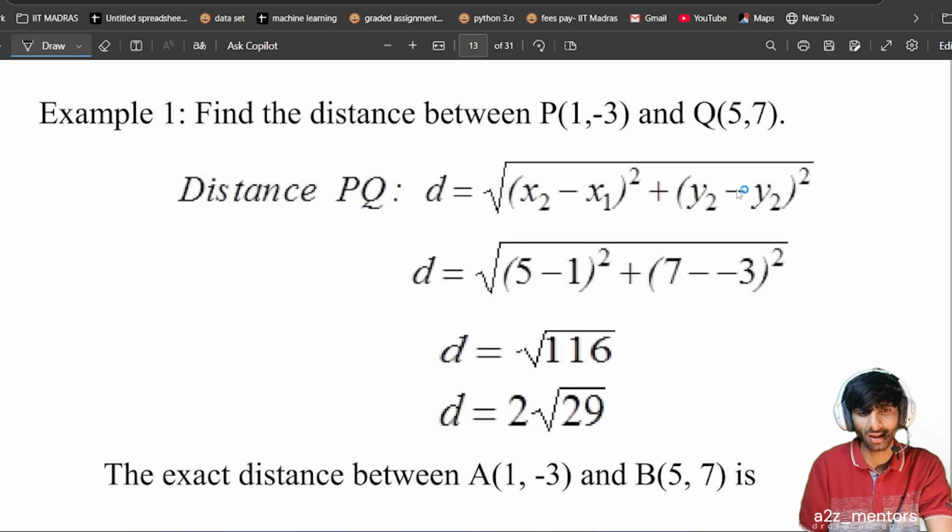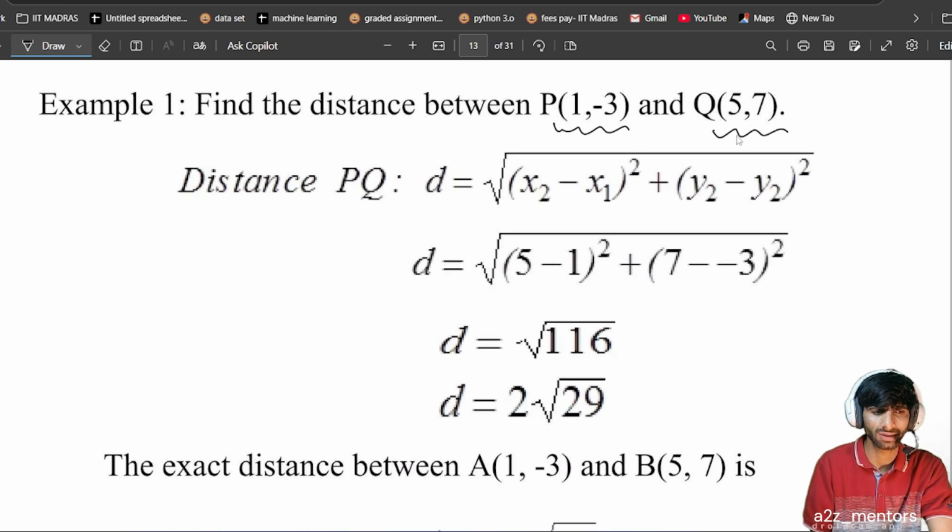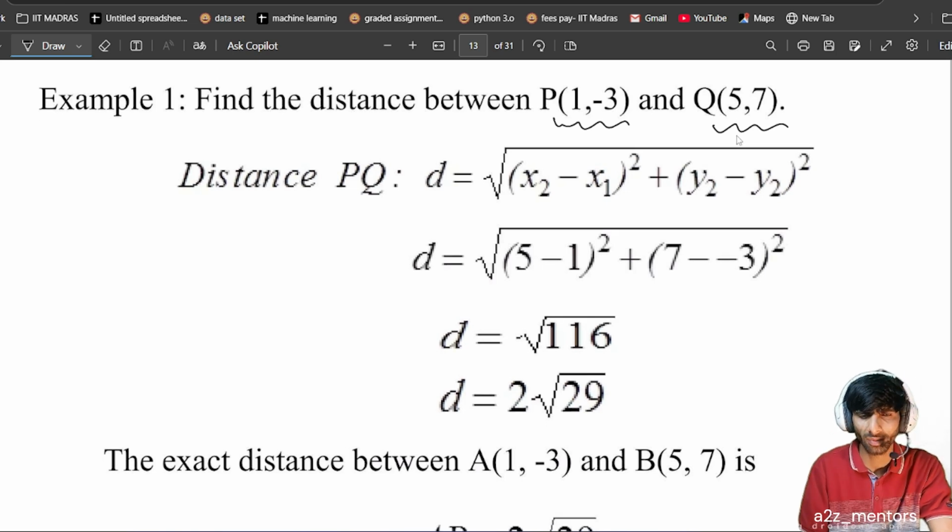So P is the point 1 comma minus 3 and Q is the point 5 comma 7. So you will directly put the formula: square root of (x2 minus x1) whole square plus (y2 minus y1) whole square. What is x2? x2 is 5. What is x1? x1 is 1.